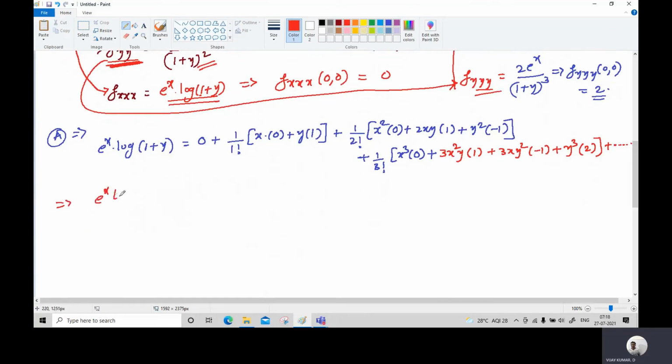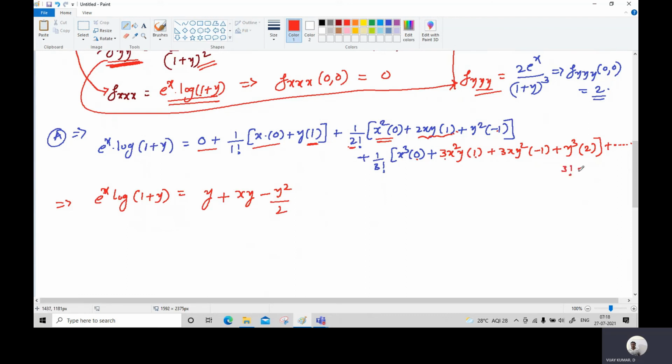So e power x into log of 1 plus y is equal to, this is 0, this is 0. So here we have only y into 1, which is y, plus this is 0, 2xy into 1 by 2 factorial. In the denominator we have 2 factorial, 2 getting cancelled. You have only xy. Next, plus into minus minus, so you will get minus y square by 2. Next, 0 into x cube is 0, so you can leave that term. 3x square y into 1 by 3 factorial.